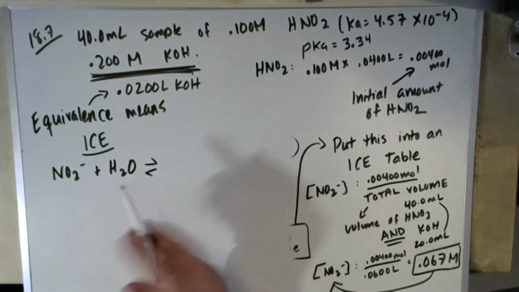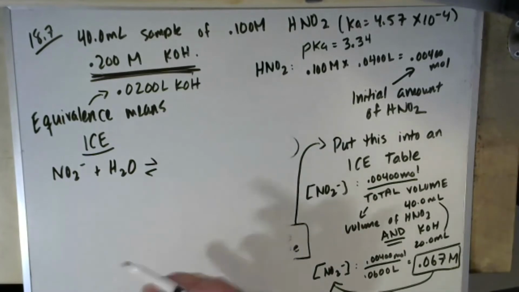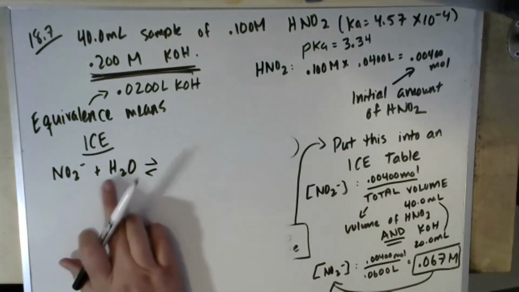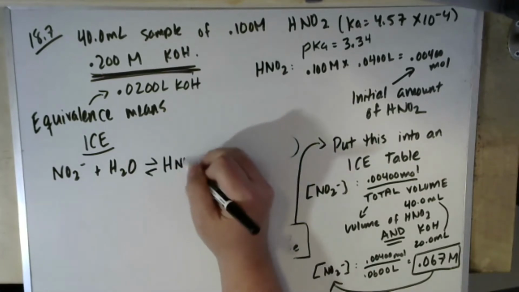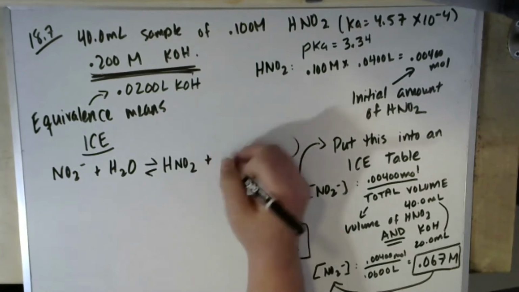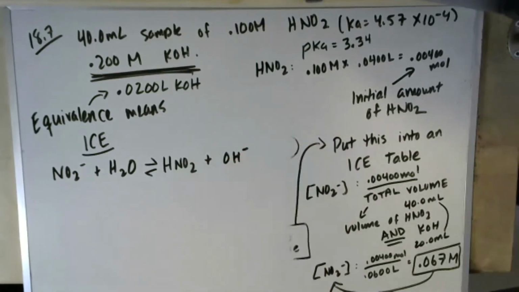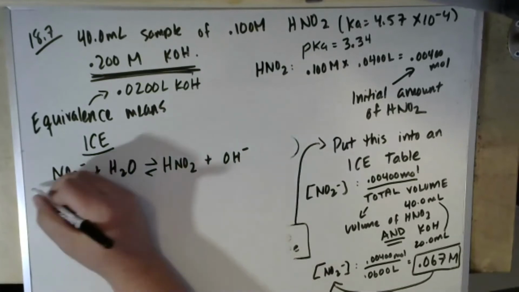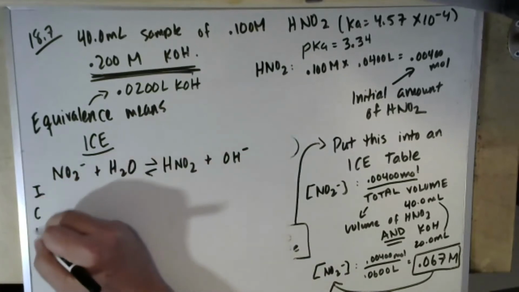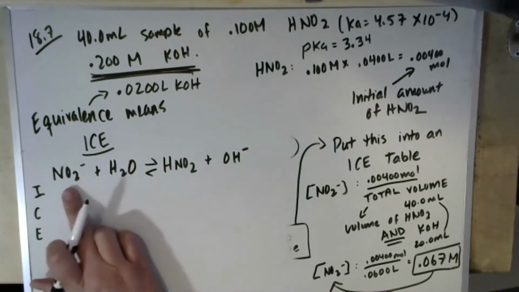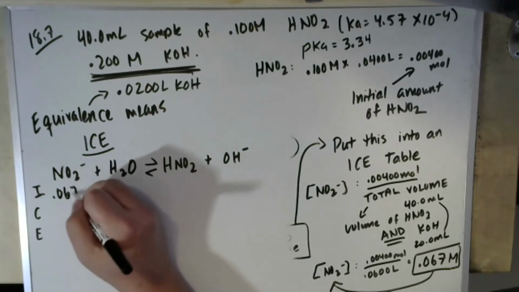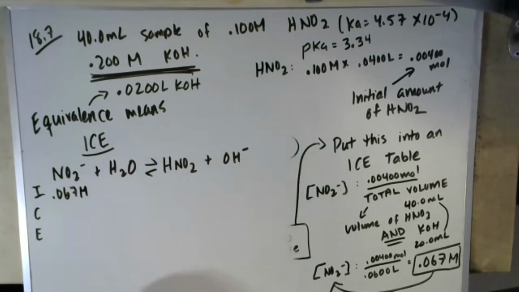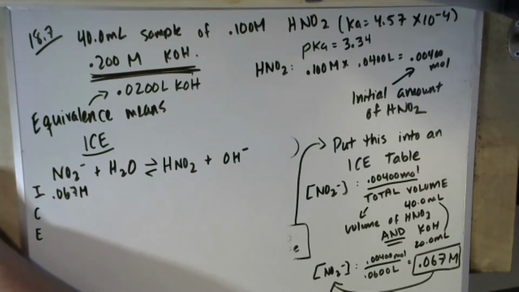So it's going to act like a standard base does, and it's going to pull one of these hydrogen ions over to itself, and it's going to leave behind a hydroxide ion. So this is all going to be pretty standard now. The initial concentration of our nitrite ion is going to be 0.067. And we're going to fill in the rest.